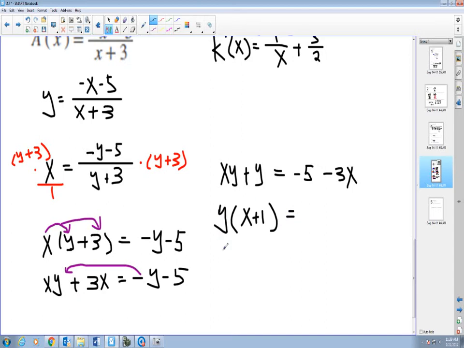So now I have a single letter y, and to get it by itself, I will divide both sides by my coefficient, which is my x plus 1.